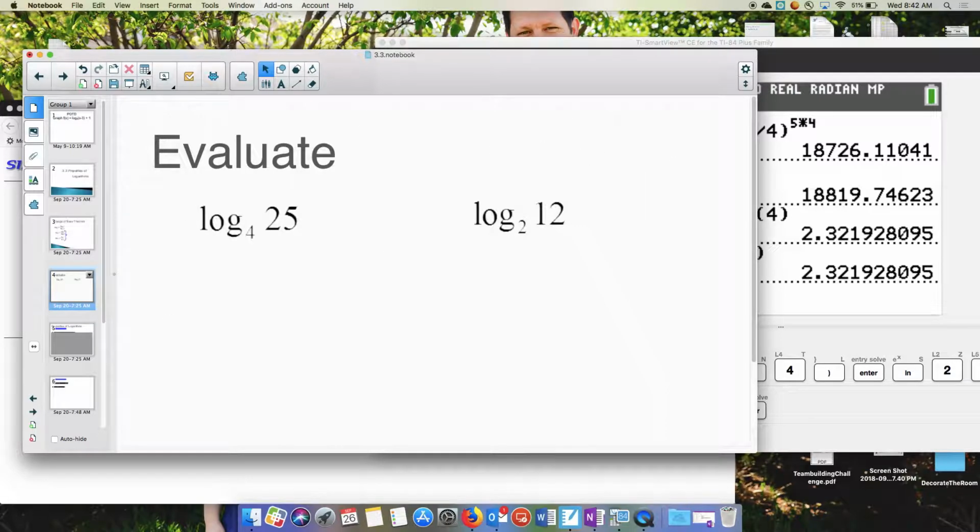Okay, why 3 and 4? 8. Okay, 12 is between 8 and 16. 2 cubed is 8, 2 to the 4th is 16. So this better be between 3 and 4. Go ahead and find it for me.